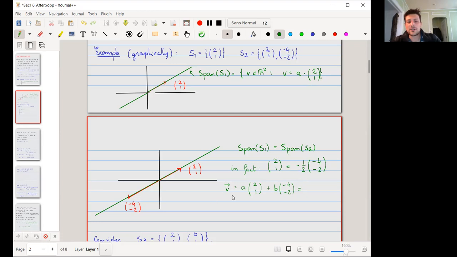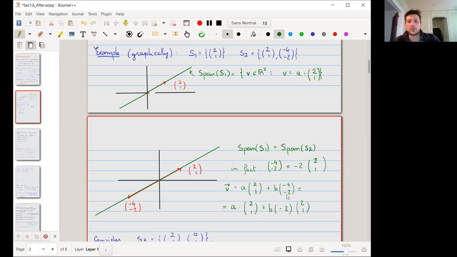Therefore, whenever I write a linear combination of the two vectors, I can write it as follows. Let me write it like this: (-4, -2) is -2 times the vector (2, 1). So I can plug that into the expression here: a(2, 1) plus b times -2 times (2, 1).